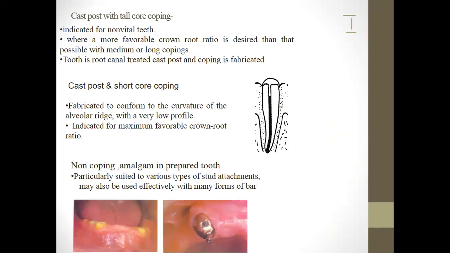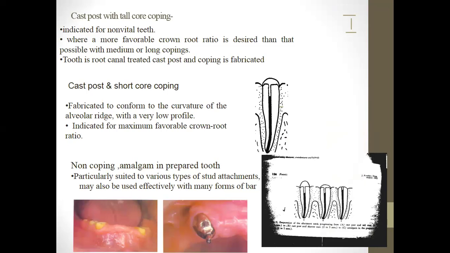When there is not much tooth structure coronally, you can take some support from the root by making a post and core and getting it cast. Again, this can be a tall one or a short one, as you see in the image. When you do this cast post, you cement it on top of the tooth.